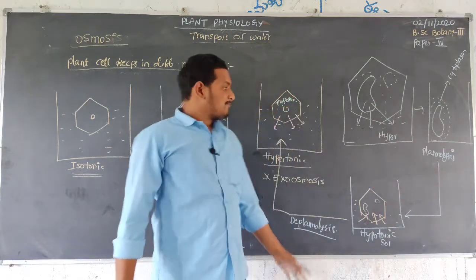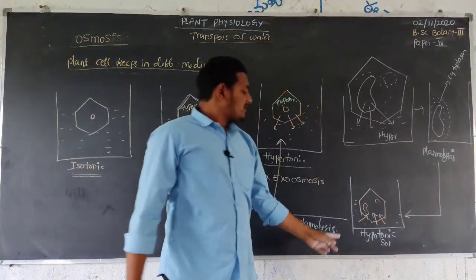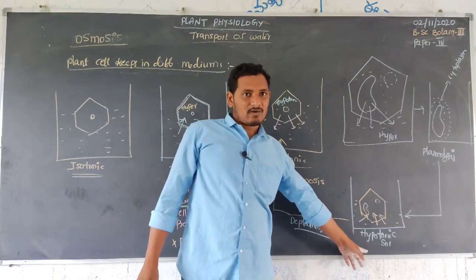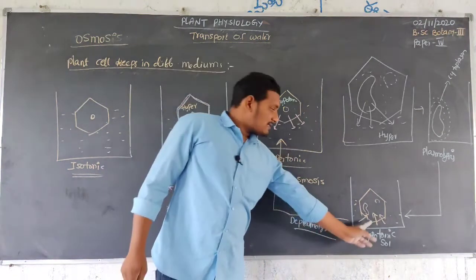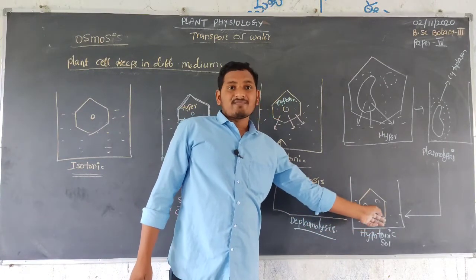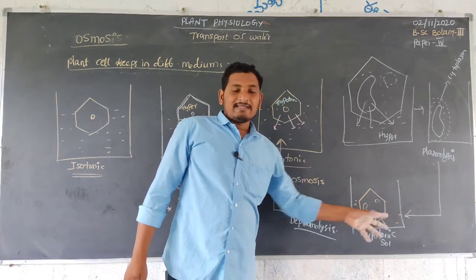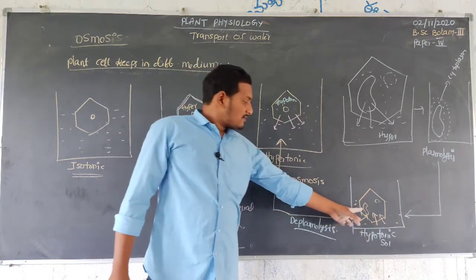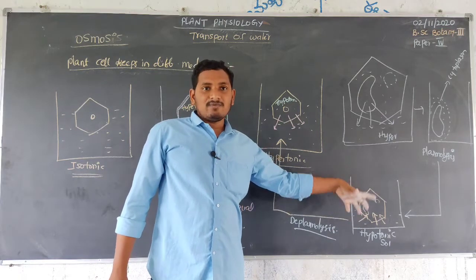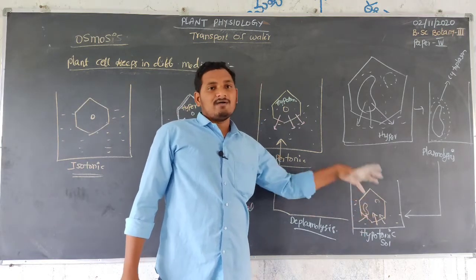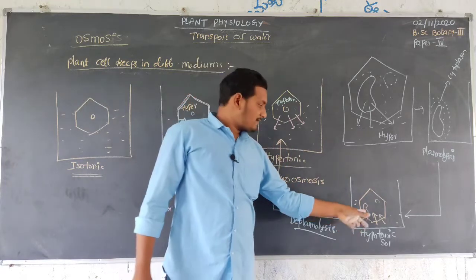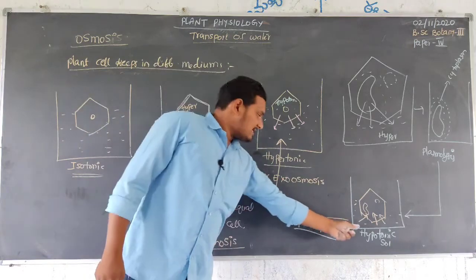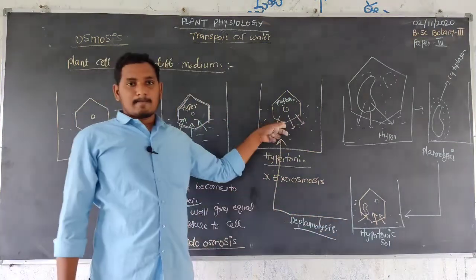The process is plasmolysis. When that plasmolyzed cell is kept in a hypotonic solution, a less concentrated solution or general water, the vacuole and cell take up water from the medium. The vacuole size is enlarged and returns to normal, and the cell changes into a normal cell.